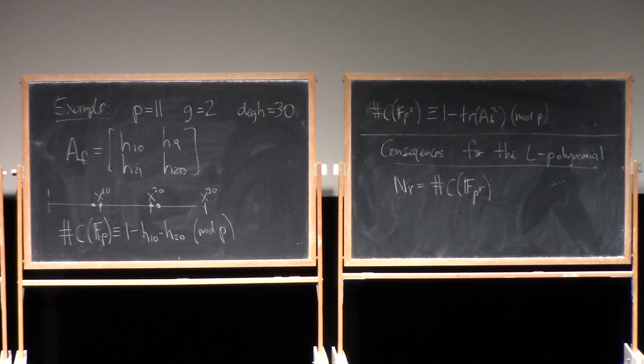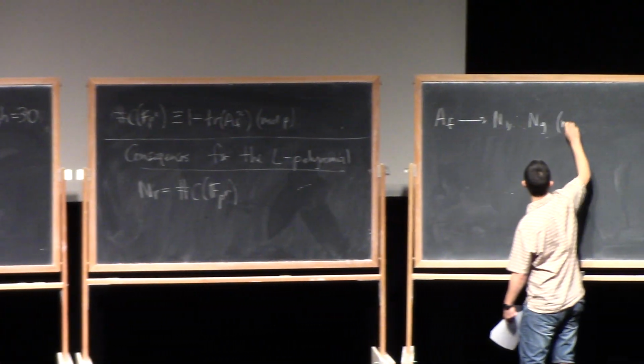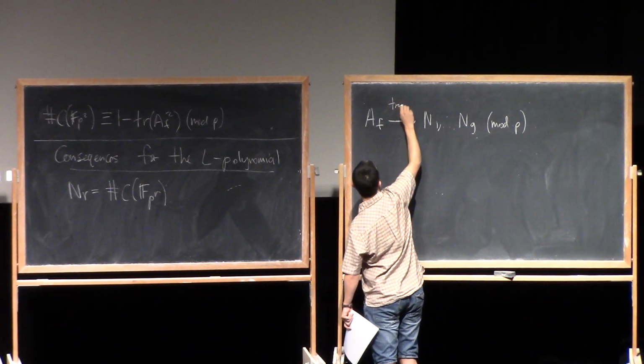Now, so what do we know? We have this a sub f. This is a matrix over Fp. And we know we can use the trace formula to compute these point counts modulo p. This is the trace formula.